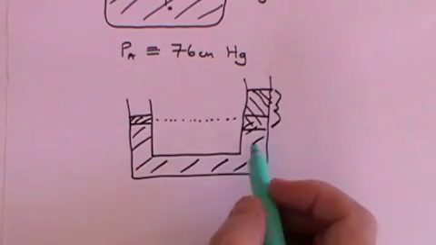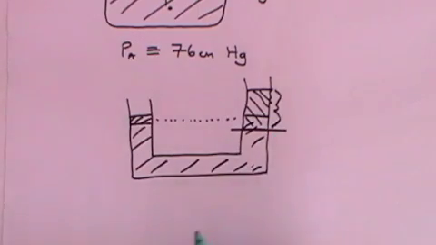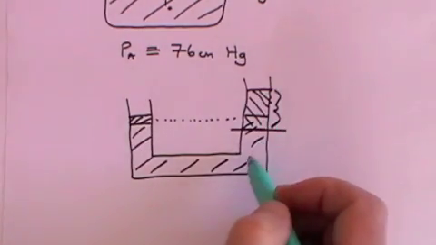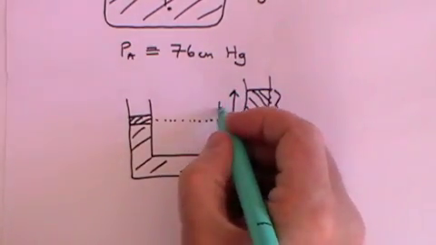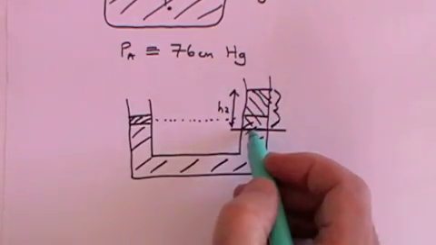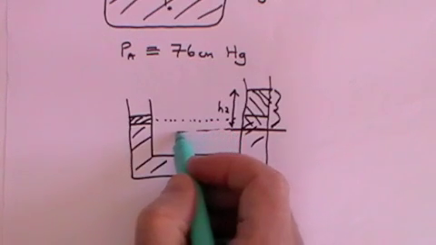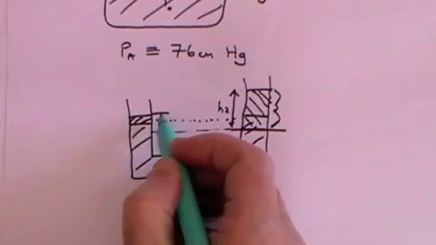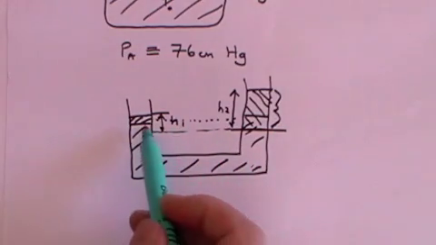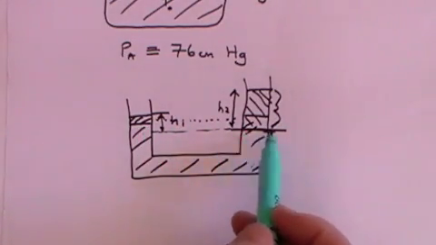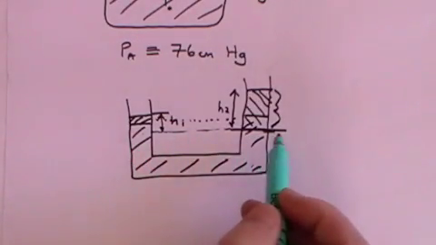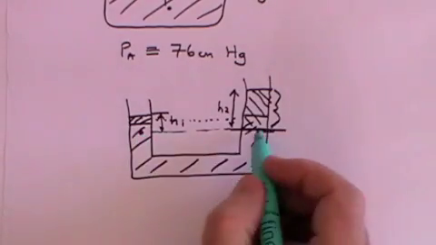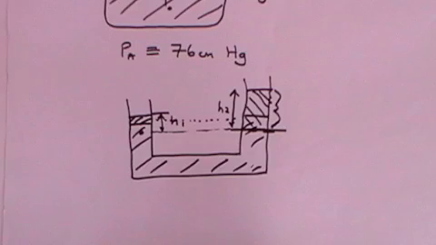And what we're going to do is to measure from the height at which the oil and the water meet. And so on this side we've got H2, and that is the height of the oil. On this side, taking that across here, we've got the height H1, and that is the height of water above this level where the oil and the water meet. Now, I said earlier that the pressure at the same depth will be the same. So the pressure at that point and the pressure at that point have to be the same.